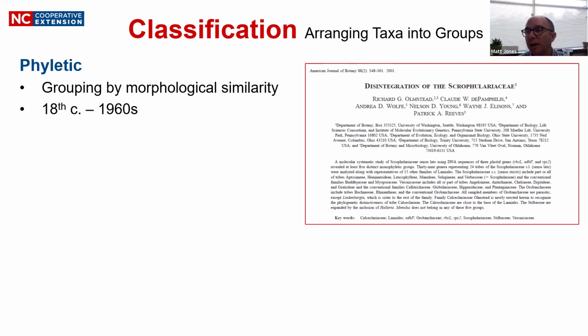So often these phyletic groupings based on morphological similarity were built around flower structures. And indeed, this has held up to a large degree. Flowers are complex enough that a lot of the features may not necessarily evolve twice over, but it can happen.